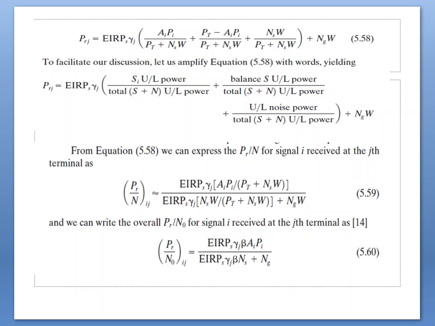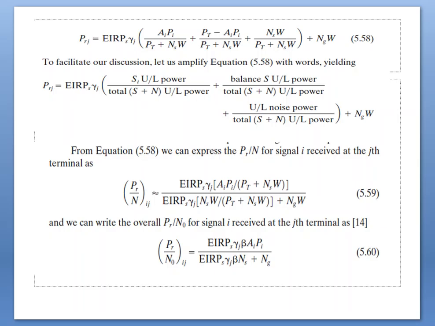Notice that in the above equation, the uplink noise shares the downlink resource along with the other users. The coupling of uplink noise onto the downlink is a feature unique to non-regenerative repeaters. It is shown in equations 5.59 and 5.60.